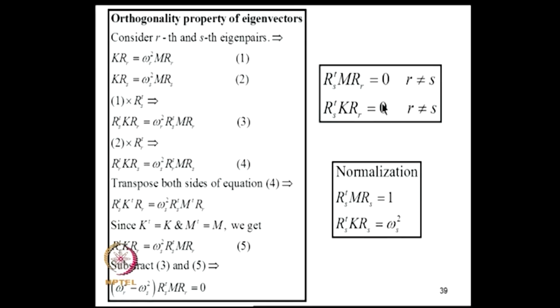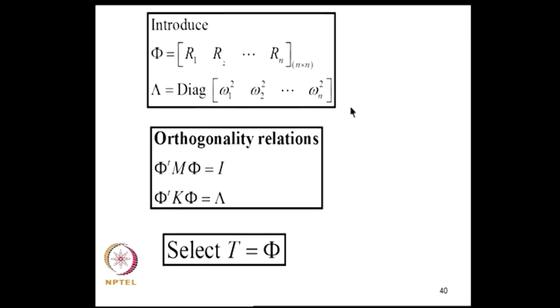So, we eliminate that arbitrariness by demanding that the eigenvectors are normalized following the requirement that r_s transpose M r_s is 1. This would mean r_s transpose K r_s will be omega s square. The eigenvectors which satisfy these requirements are known as normalized eigenvectors, and we say that the eigenvectors are orthogonal with respect to the mass and stiffness matrices.